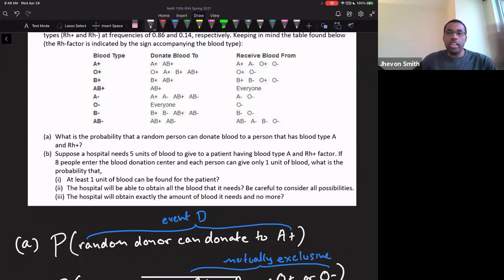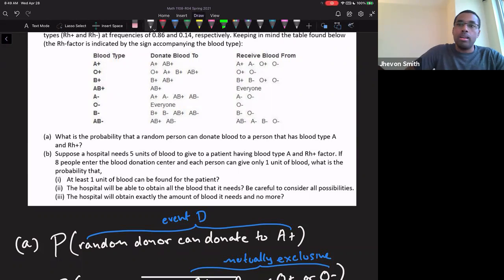So you check the first person, do they have a blood type that can donate to this person? Yes or no, right? If yes, success, we have another unit of blood that we need. If no, failure, we need some other unit of blood. You test the second person, can they donate to the person? Yes or no. Test the third person, can they donate to the person? Yes or no, right? And you go through successively.